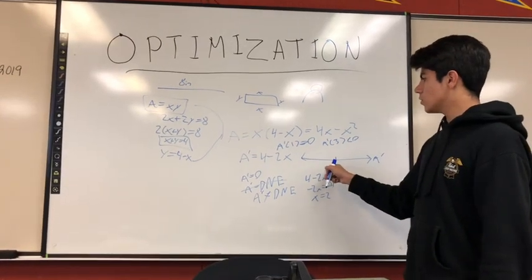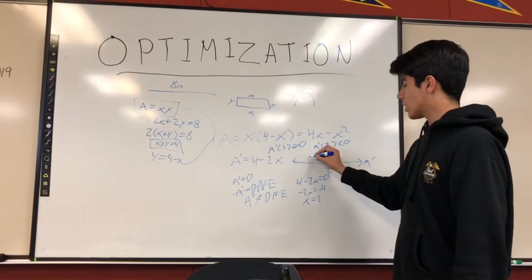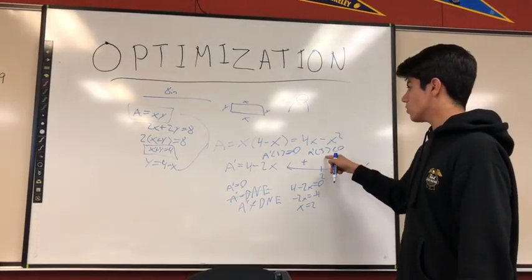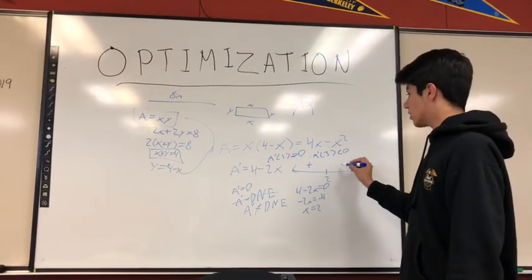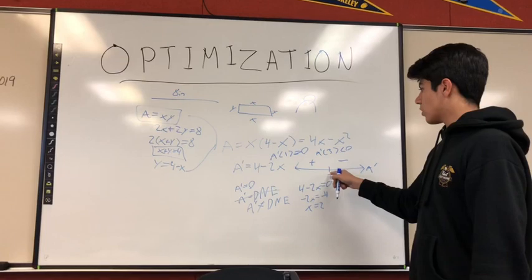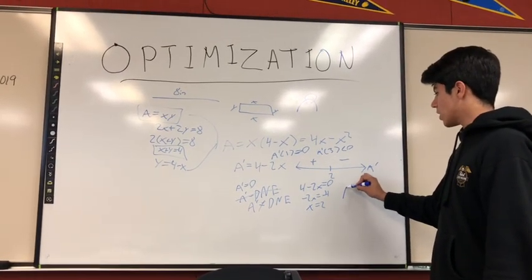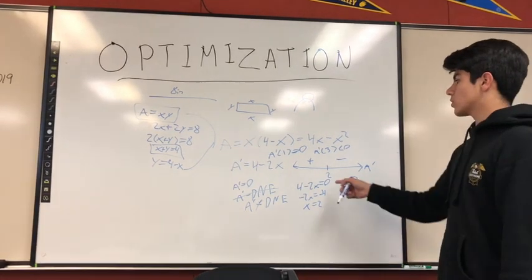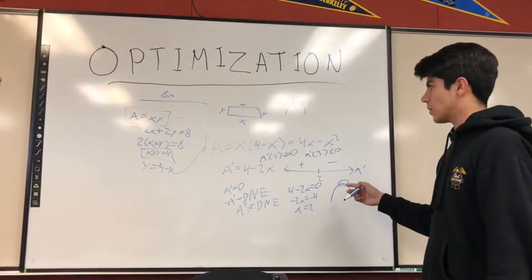So anywhere less than 2, we used 1 in that bounds, and we found that that was greater than 0, so positive. And for anything greater than 2, we used 3 in that bounds, and we found that the derivative was less than 0, therefore it's negative. And so at point 2, we see that the derivative changes from being positive to negative. You'll find a maximum. So at x equals 2, we found maximum area.